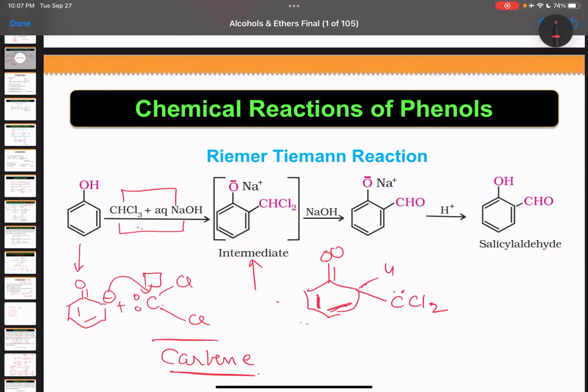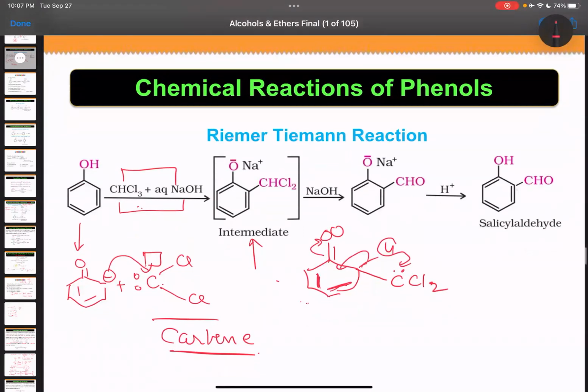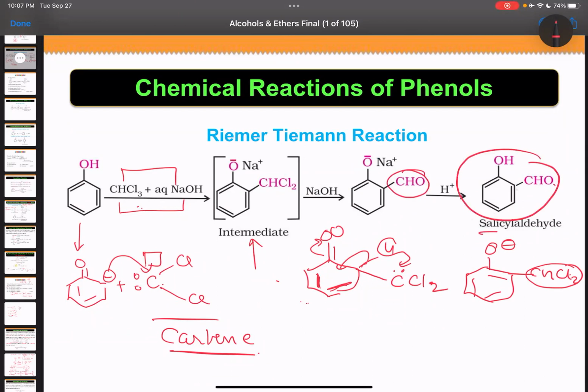It wants to turn back to benzene. So H plus will be removed and you will have this. Now this will get hydrolyzed. You will have 2 OH on carbon and that will change to a double bond O. And that's how you get salicylaldehyde.